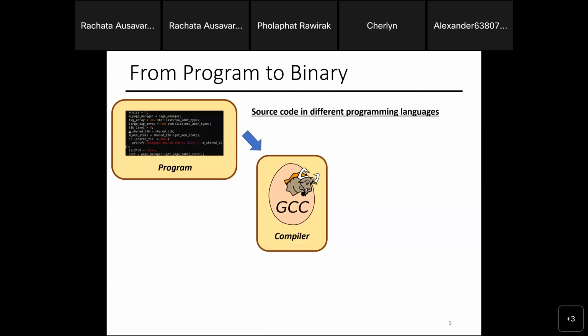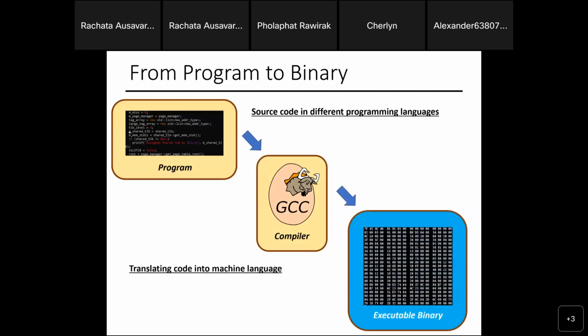The compiler, one of the main jobs is, first of all, it looks at your program, whatever you type in there, then it tries to understand what you are trying to do. Then it translates your program into the machine language, which by that point, your CPU understands.